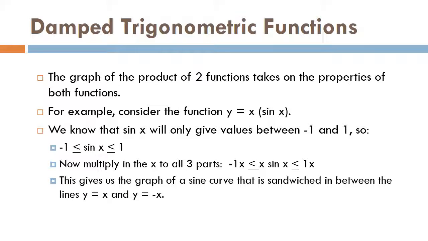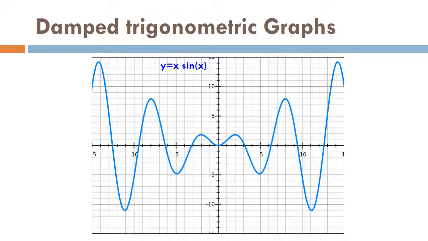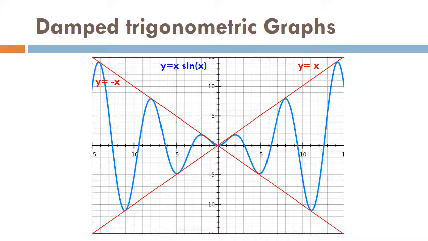And we discover that we have a sine curve that's sandwiched in between the graph of -x and +x. This is the actual graph of x sine of x. This is the line y equals -x, and this is the line y equals x. You see how the curve has conformed to fit in between those two lines.